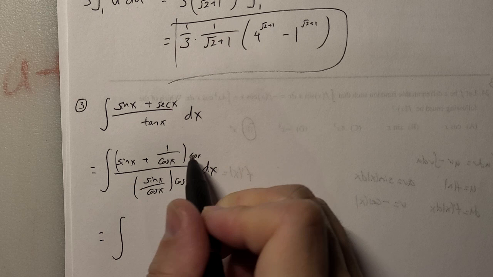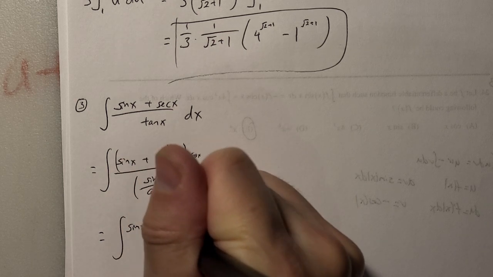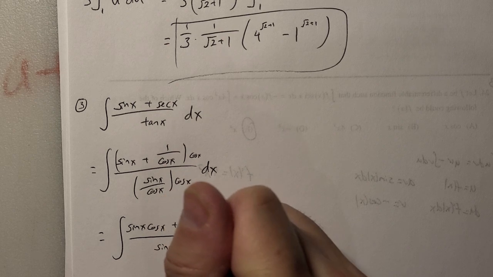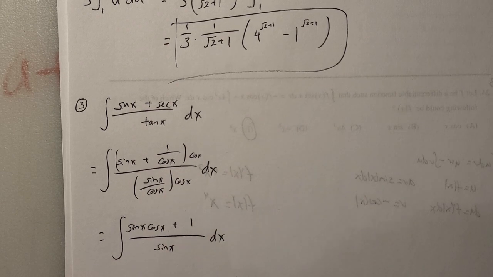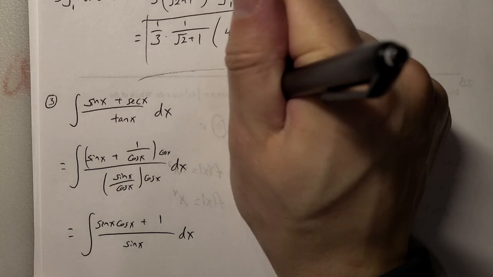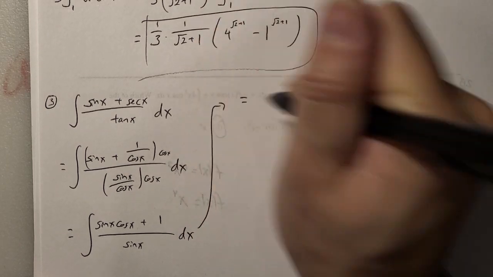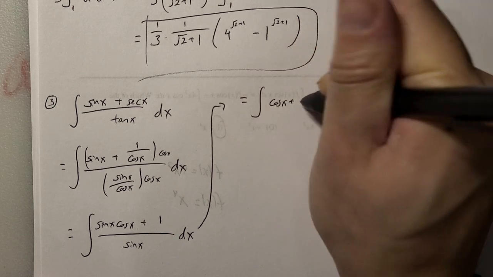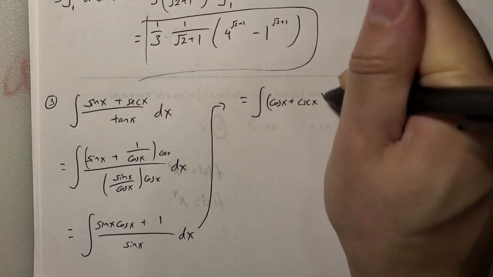When we distribute, we have sine x cosine x plus 1 over the bottom, sine x, dx. Now we can divide through by the sine x. So we are just left with cosine x plus 1 over sine x, which is cosecant x, dx.